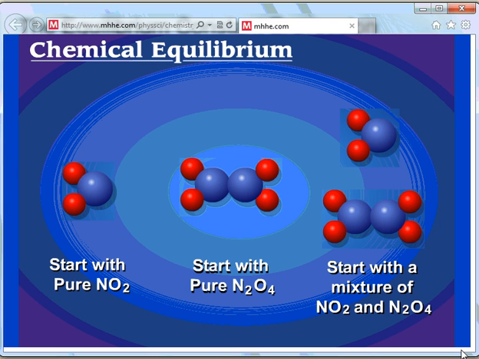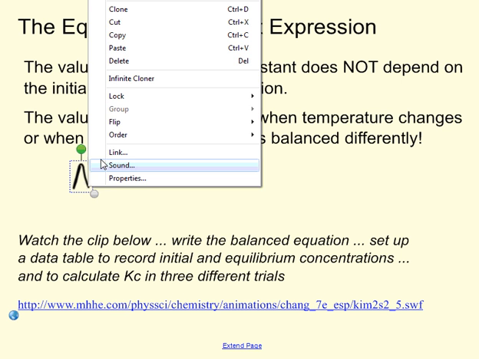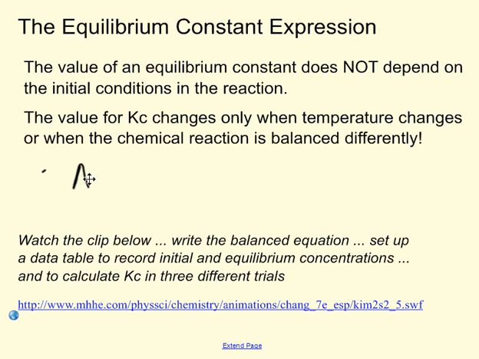If you look back at the balanced equation, I'm just going to write it here for you again: N2O4 becomes 2 NO2s.